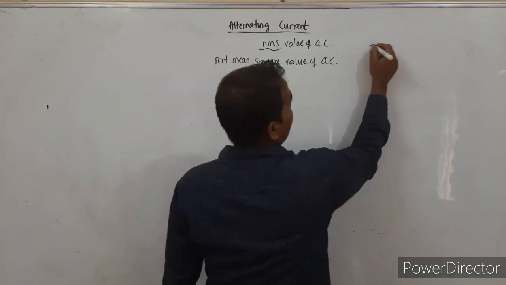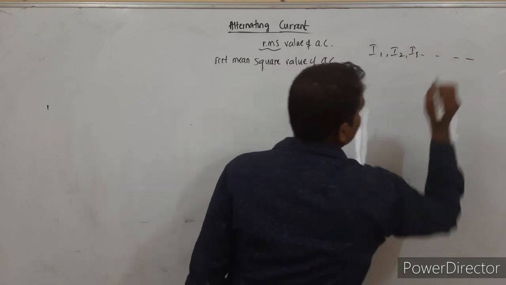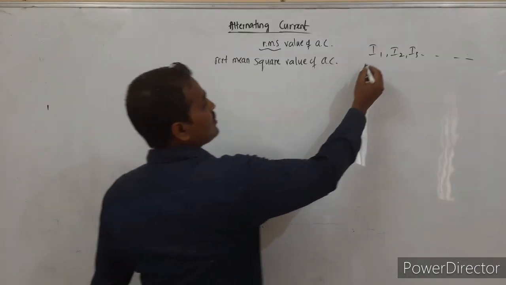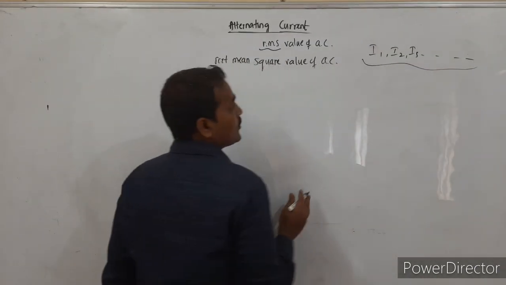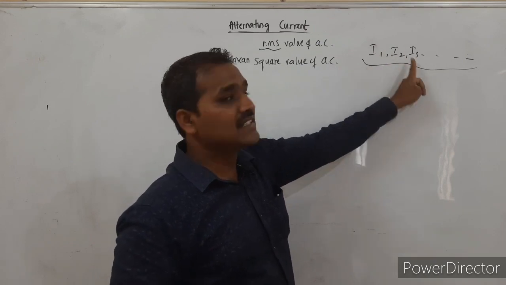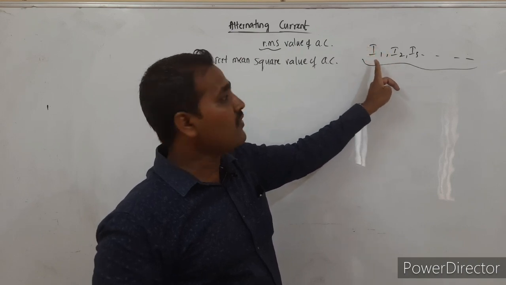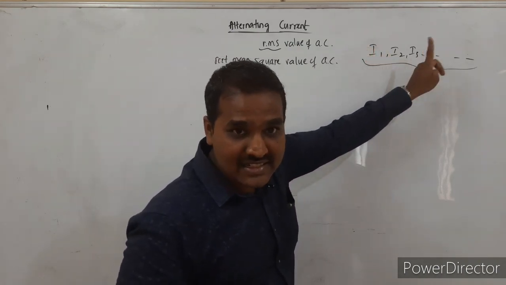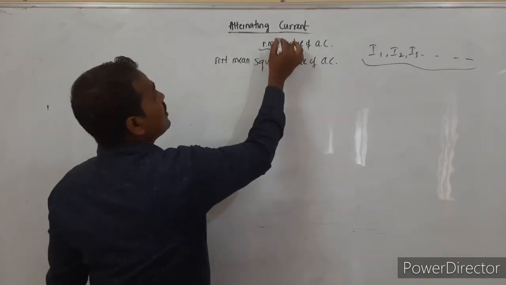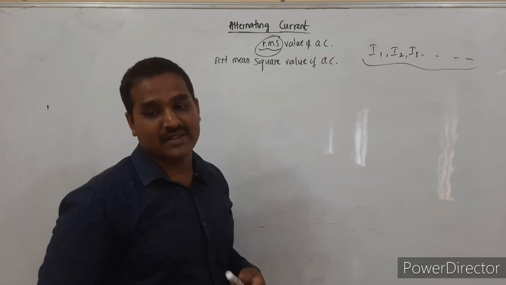So let us say I have instantaneous currents I1, I2, I3, something like that. These are the instantaneous values. If I take the average of the squares of these instantaneous currents, and then I take the square root, that will give me the root mean square value of that alternating current.